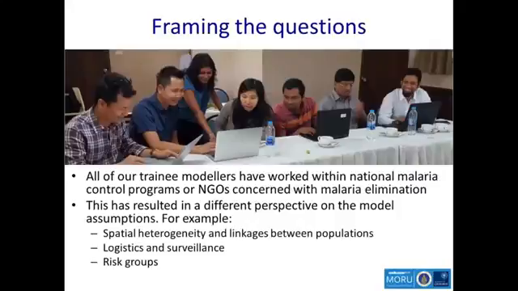And I think it's been interesting to see them come at it from the other direction. Normally you have people with modelling skills, and then they're learning about the country that they're applying them to. So we're trying it the other way around here.